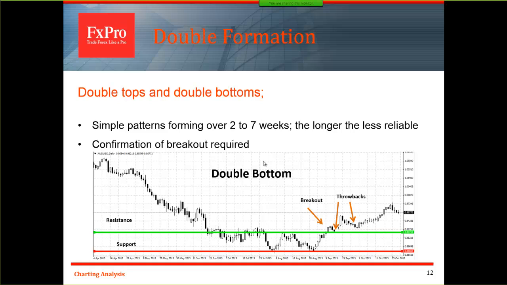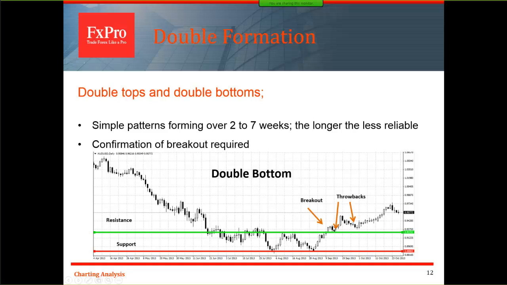When the pattern is completed with a breakout, as was the case here, we can see the white candlestick here, a breakout of the resistance level. It is very accurate despite the throwbacks. Throwbacks are when the trend kind of reverses from the breakout, but you usually see a test of the previous support or resistance.